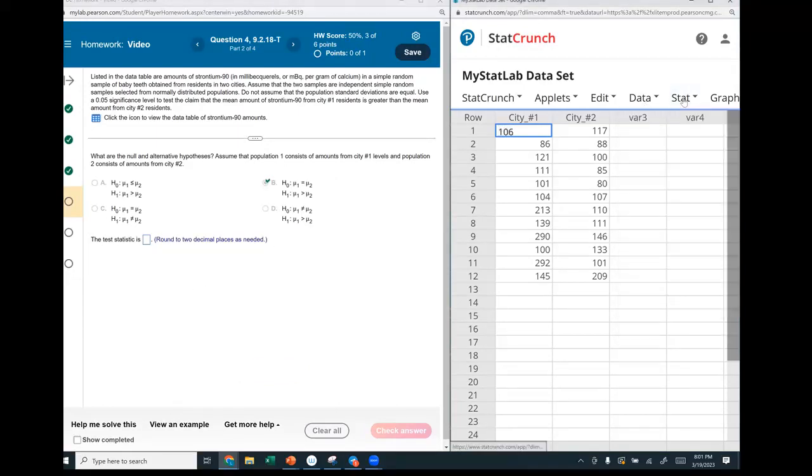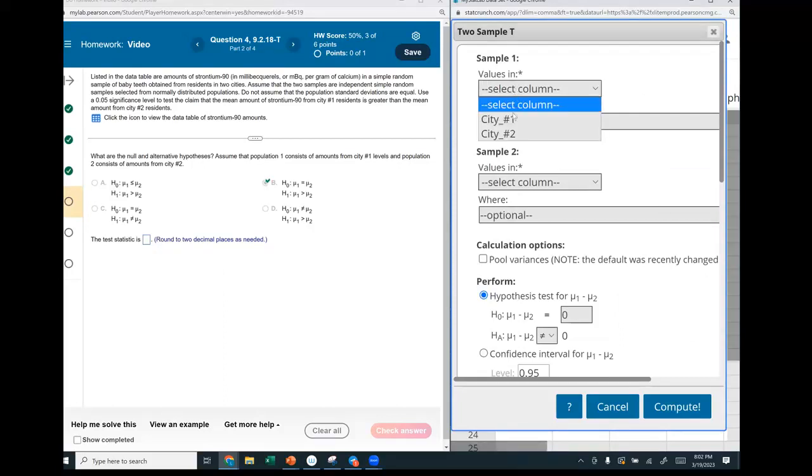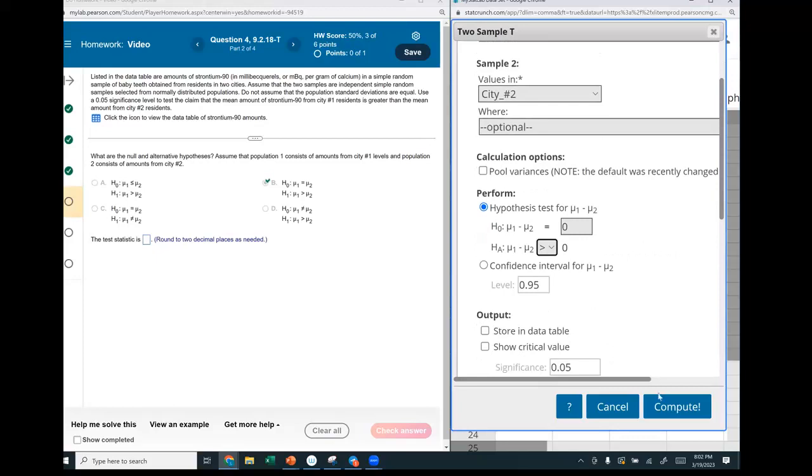I'm going to go to stat, t-stat, two sample with data. City 1 is var 1, values in sample 1, and city 2 is values in sample 2. We already were told that we can't pool our variances, and then we're going to match these. So if mu1 equals mu2, then mu1 minus mu2 equals 0. And if mu1 is greater than mu2, then mu1 minus mu2 has got to be greater than 0. And I hit compute.